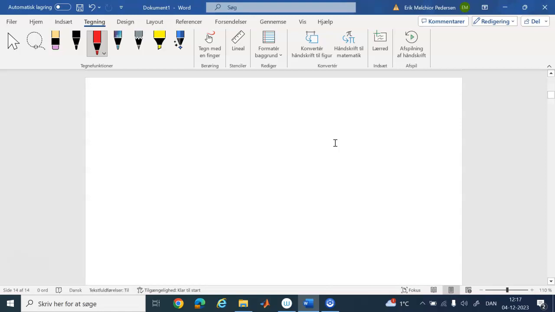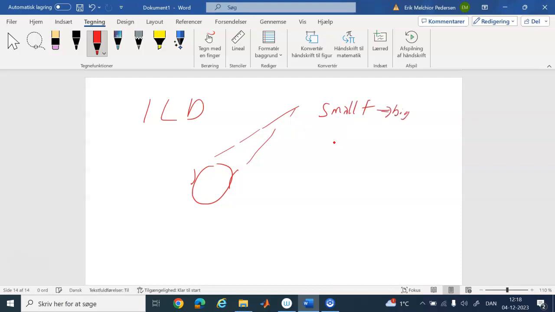Then we have the ILD. It's because of the shadowing of the sound by the head, and we know that small frequencies give big diffraction, high frequencies low diffraction.